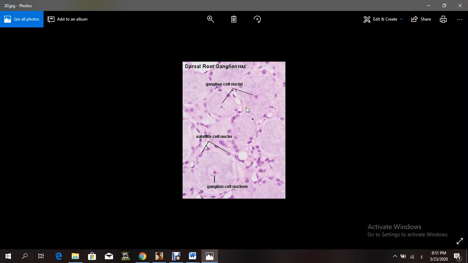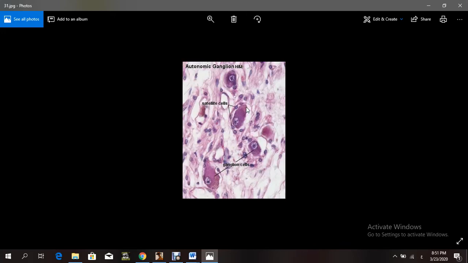Usually those fibers are myelinated, while in the autonomic ganglia they are non-myelinated. This is an autonomic nerve ganglia. Multipolar neurons, fairly distributed. We said mostly those ganglia are located intramurally within the organ, which is why we see them fairly distributed. Multipolar neurons have synapses. They are mostly non-myelinated neurons. So this is an autonomic ganglia.